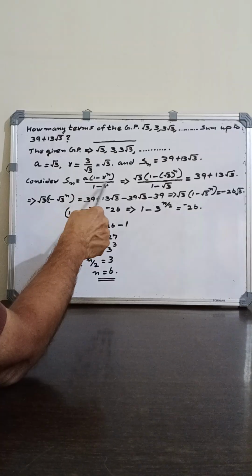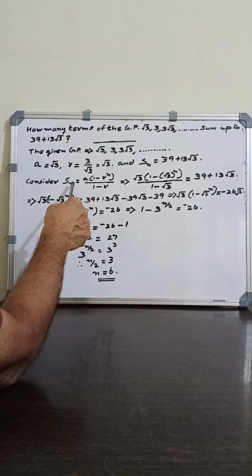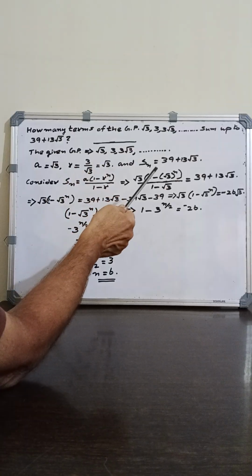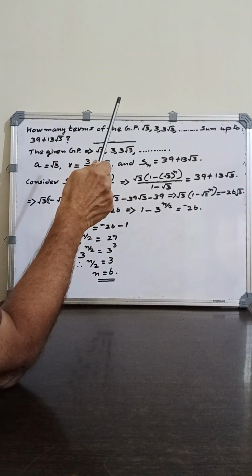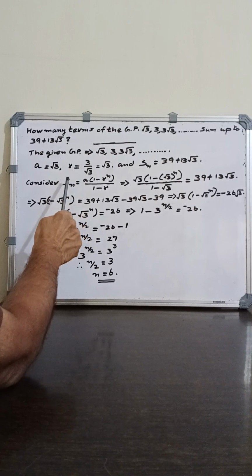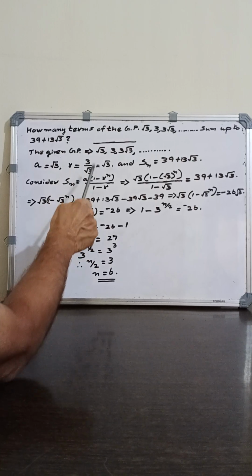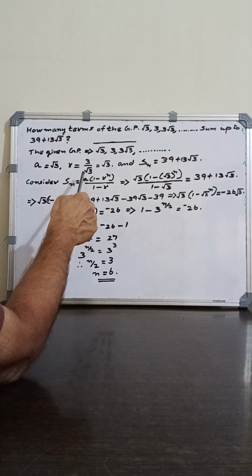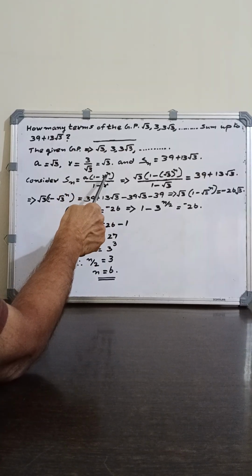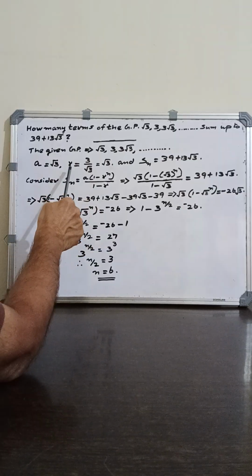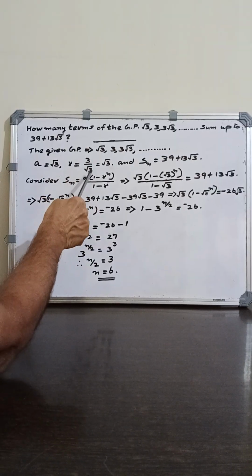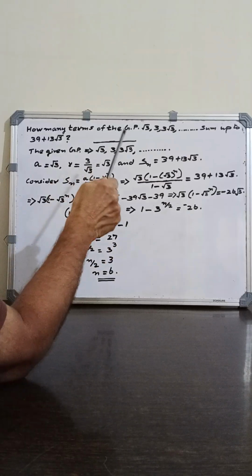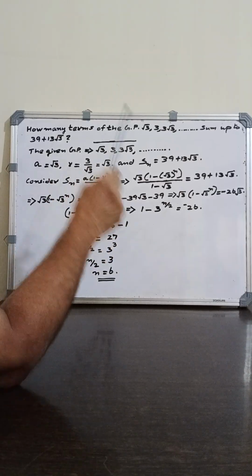That is the formula for finding Sn, where the first term is known, the common ratio is known, and the number of terms is also known. A stands for the first term, R stands for the common ratio, R equals T2 by T1 equals T3 by T2, that is root 3. And n is the number of terms.